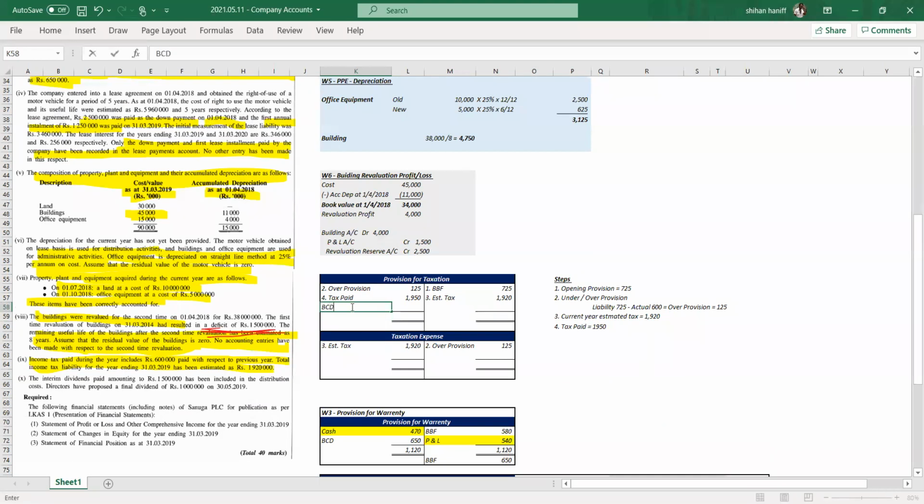The difference in this account is the closing balance, the provision for tax.